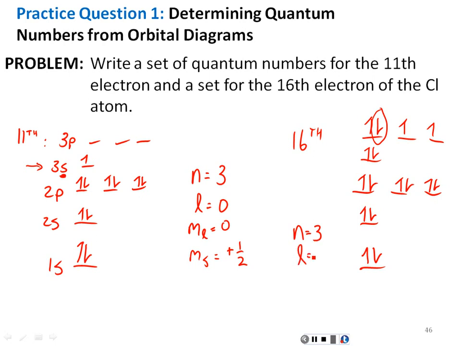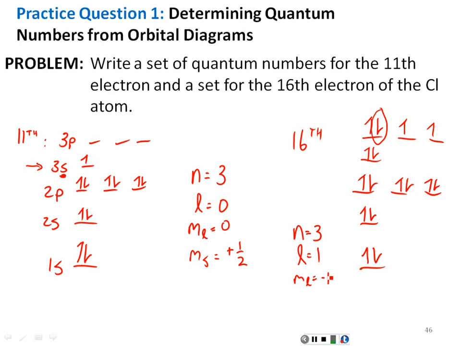L, since it's a p orbital, L is going to be 1. M sub L now can be -1, 0, or 1. And because this is the first p orbital, just by convention, I would write that as a -1. I don't think there's really a correct M sub L value for that.